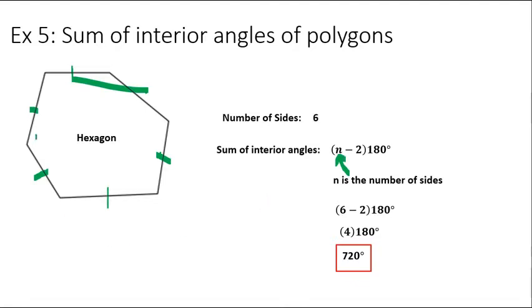So again, what's happening here is we have 6 angles right there, and all 6 of those angles add up to 720 degrees.